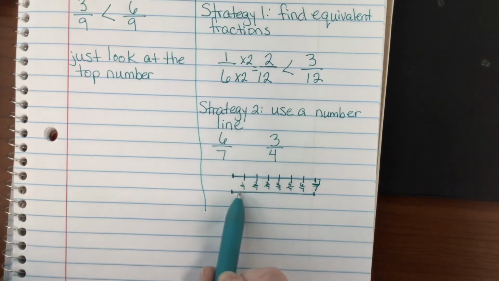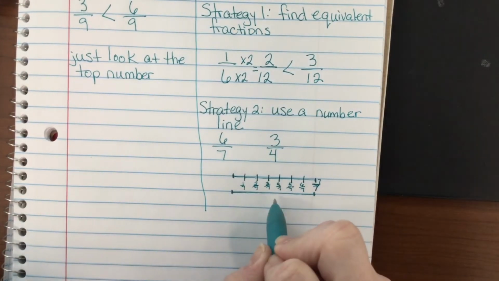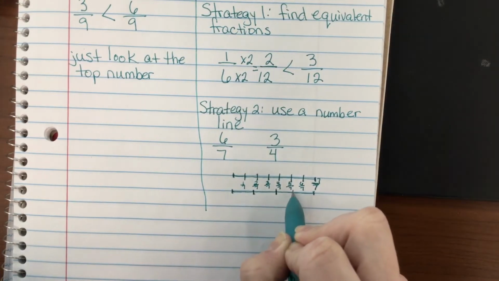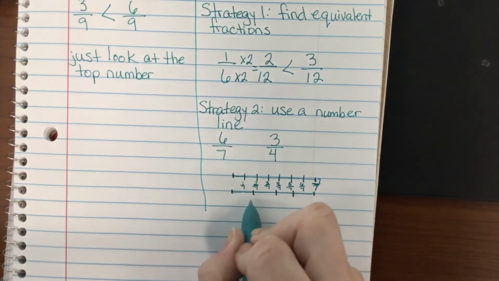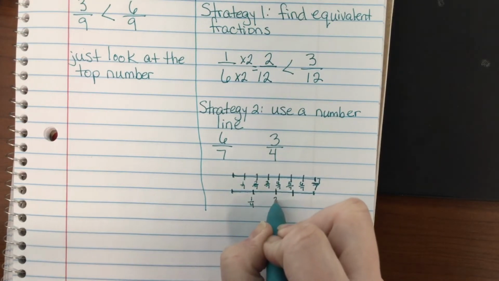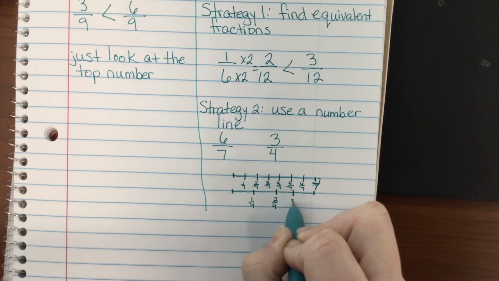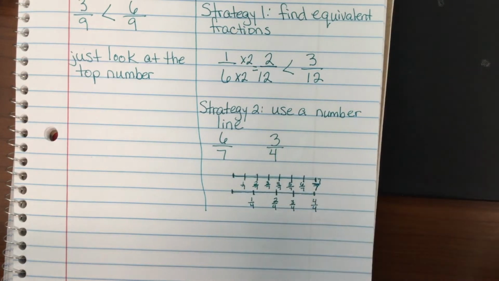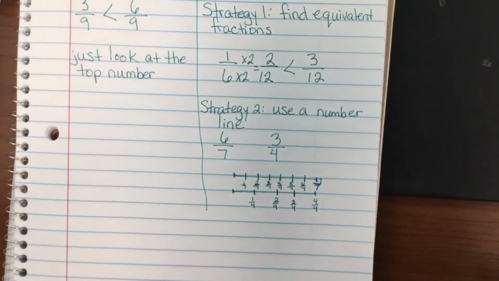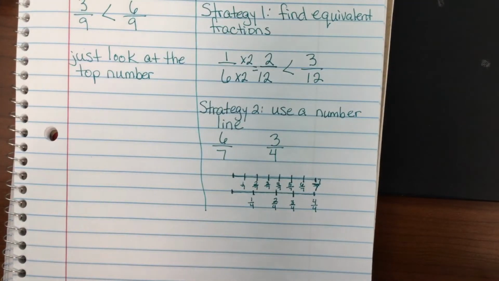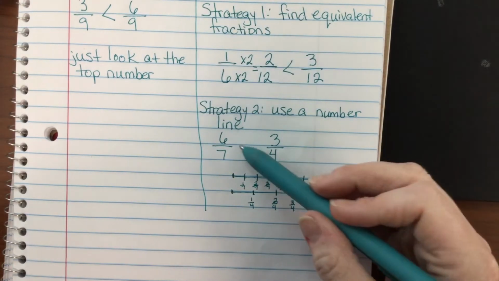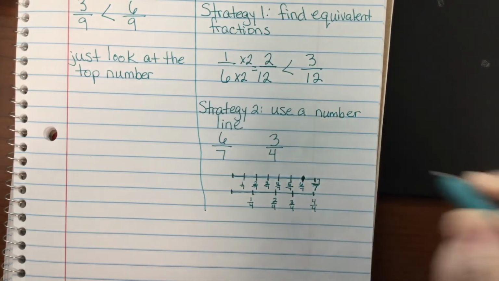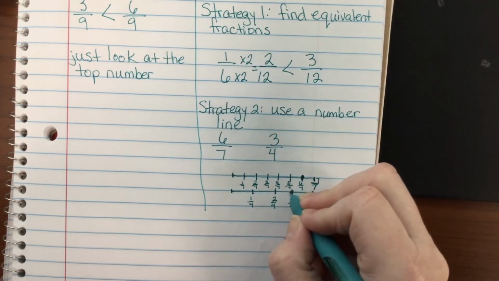Okay, my next one, I'm going to split into fourths. So half, half, and half. Okay, that's 1/4, 2/4, 3/4, and 4/4. Okay, now the next thing I'm going to do is plot a point on here at 6 7s, and then my other one is at 3/4.